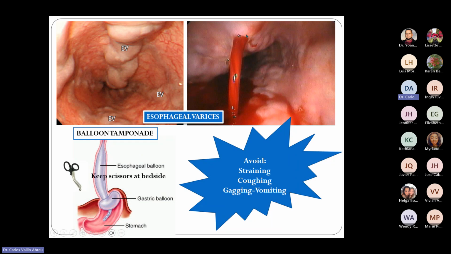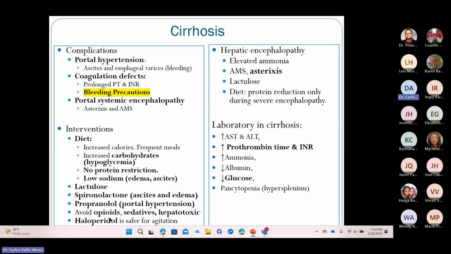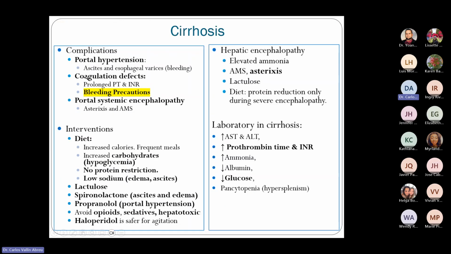The esophageal varicose veins have blood under pressure, and they can break and bleed massively. The other problem is that they have coagulation defects. Why? Because many coagulation factors are produced in the liver, and for that reason they have prolongation of the PT and INR as if they were taking warfarin, and they need to be placed on bleeding precautions.